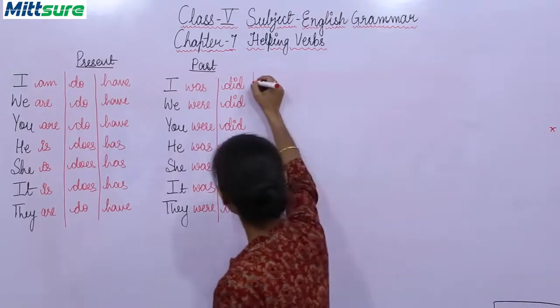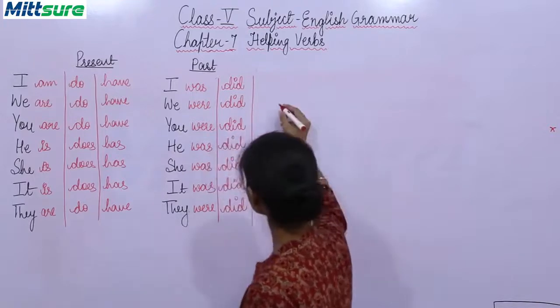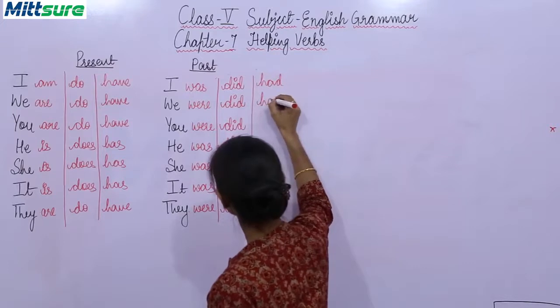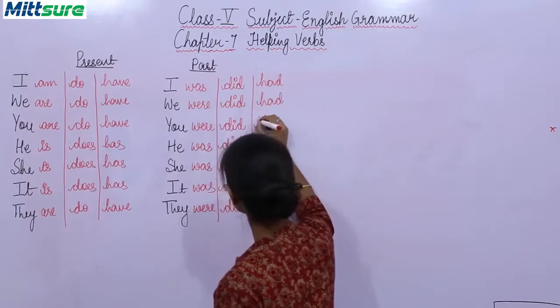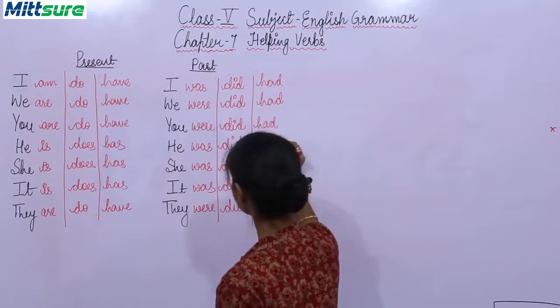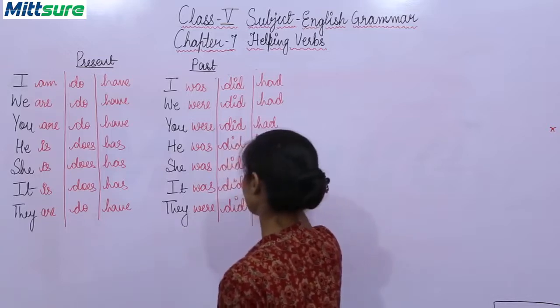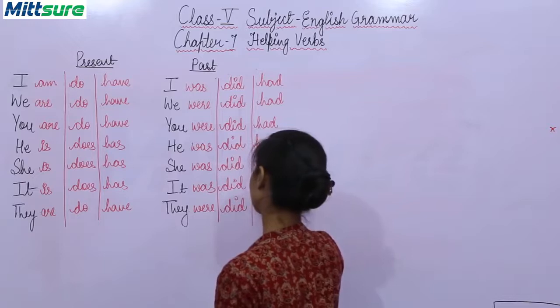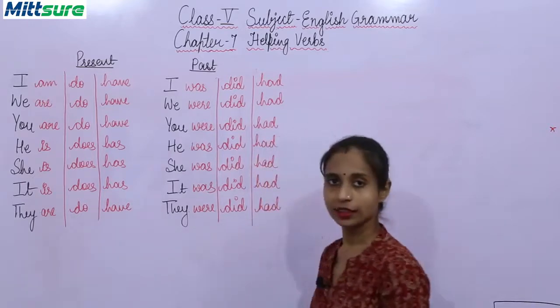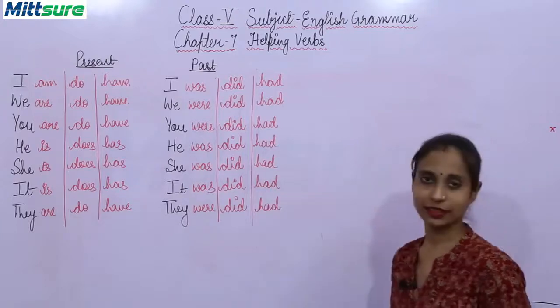And for have form of verbs, it is had, I had, we had, you had, he had, she had, it had, and they had. This was the past tense.